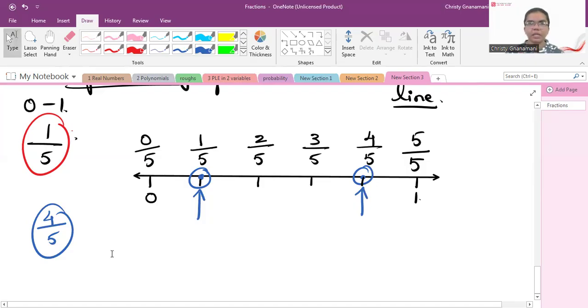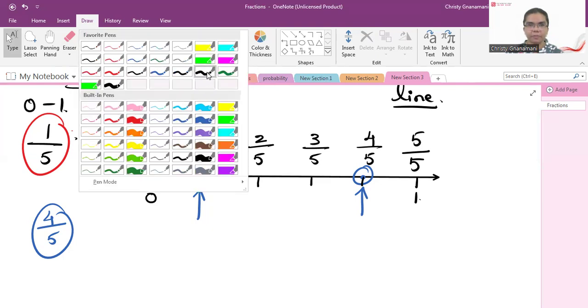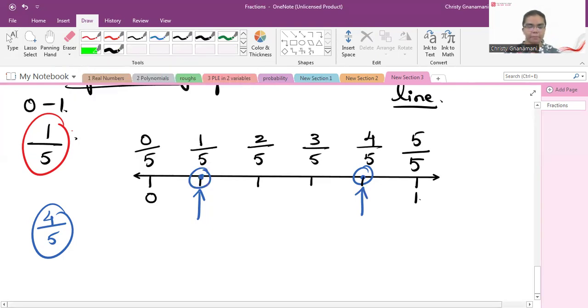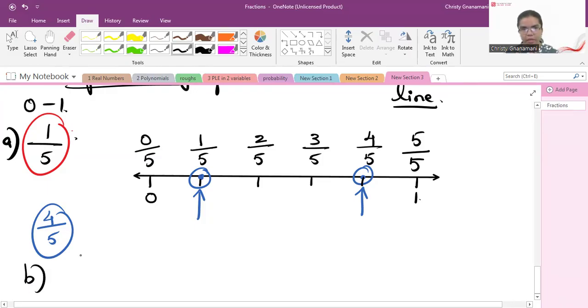So let us represent another fraction. Second one is 1/7.